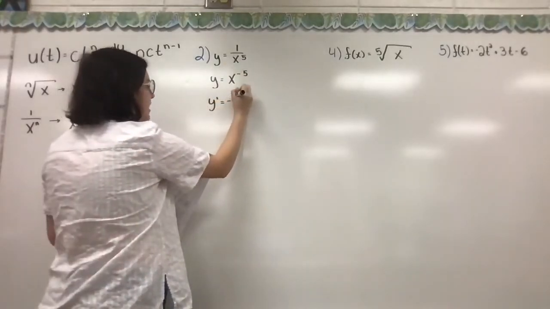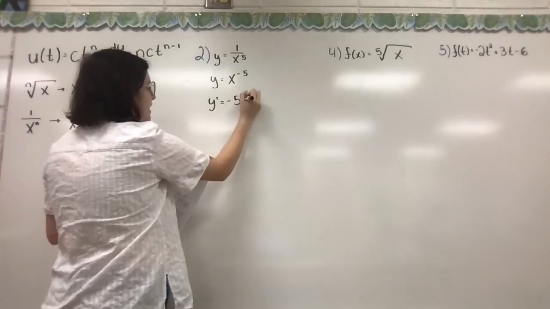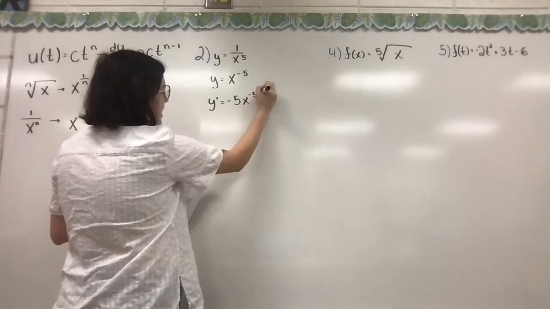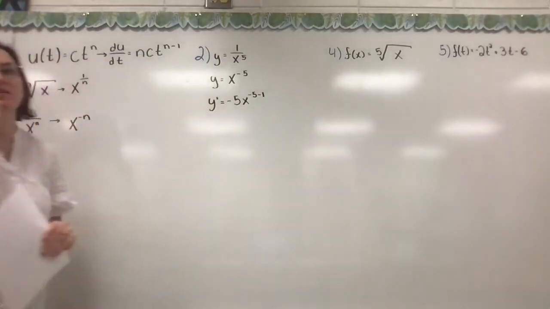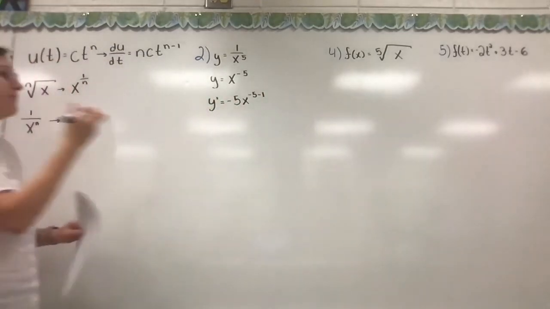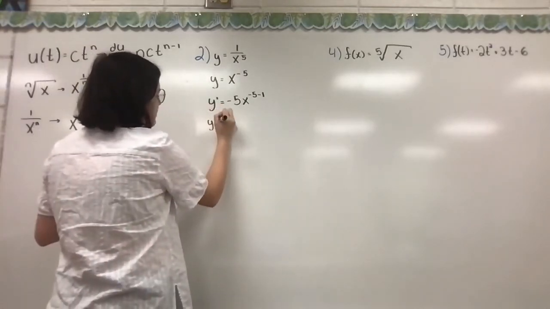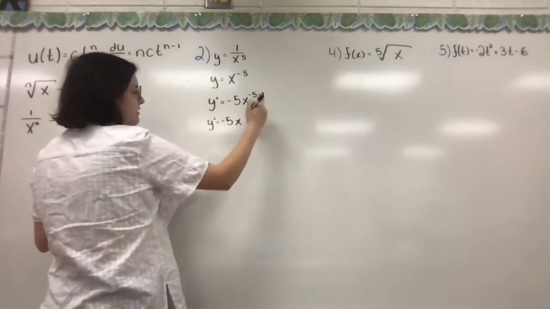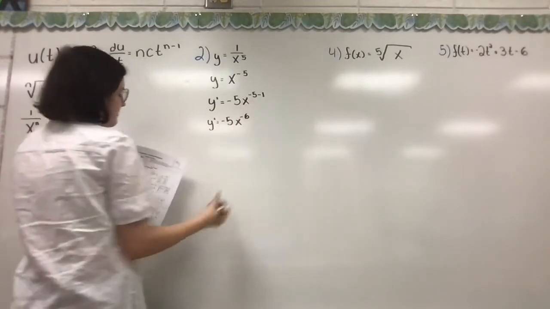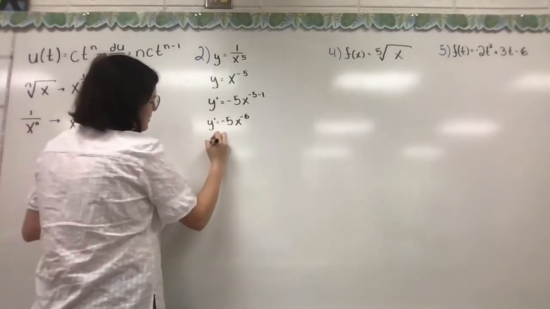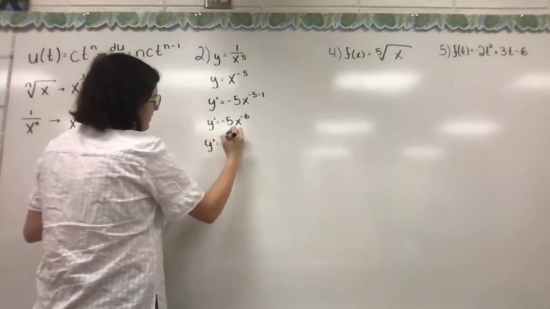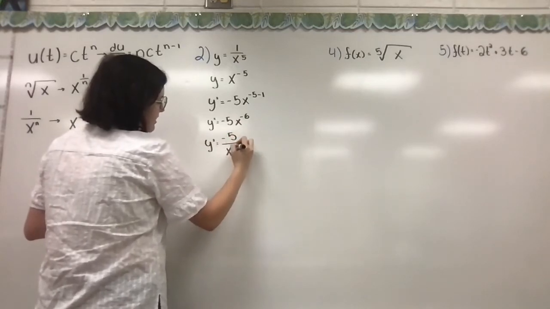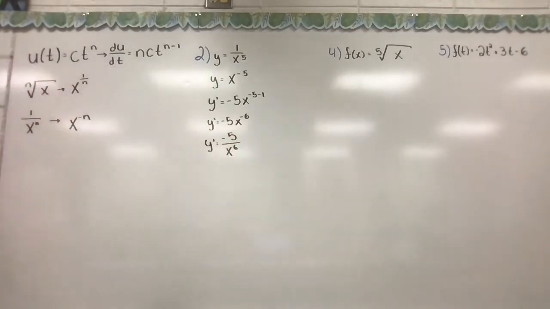We're going to bring it down in front, so we're going to have negative 5x, and then we're going to have negative 5 minus 1, because it's n minus 1, right? Okay, so that becomes negative 5x to the what? To the negative 6. So if we were to officially rewrite this, we're going to have negative 5 over x to the 6.